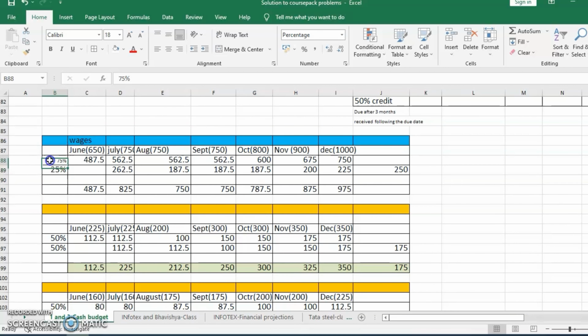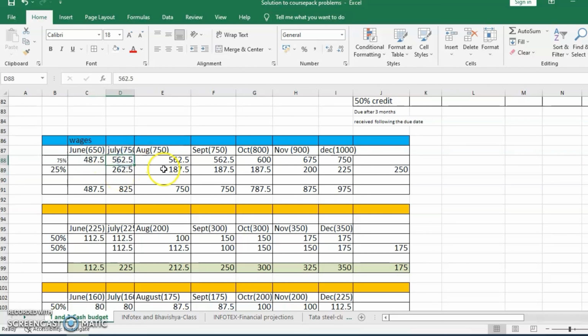So whatever you are incurring, the wages is paid, 75% of that amount is paid within the same month. However, 25% of that is paid in the next month. So which means if in case I have 650 rupees wages incurred in the month of June, 75% of it shall be paid the same month, while 25% of that will be paid in the month of July.